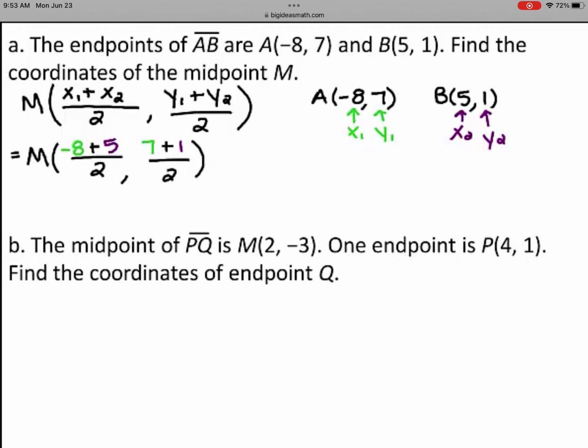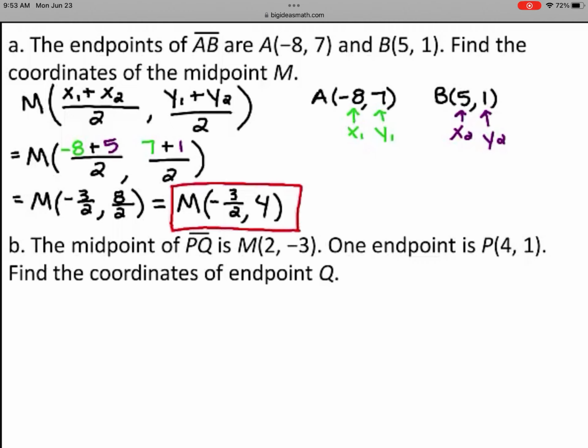When you simplify, -8 plus 5 gives you -3, and 7 plus 1 gives you 8. 8 divided by 2 gives you 4. So, the coordinates of the midpoint of segment AB are (-3/2, 4).